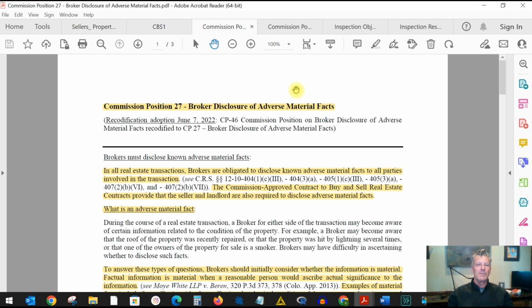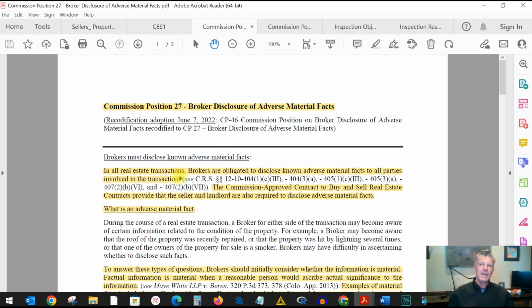So sellers and buyers can do what they want within the covenants of all the contracts and addendums and disclosures they sign. The Colorado Real Estate Commission can't tell you what specifically to do, but they can tell we brokers what to do. So let's look at what they tell the brokers to do.